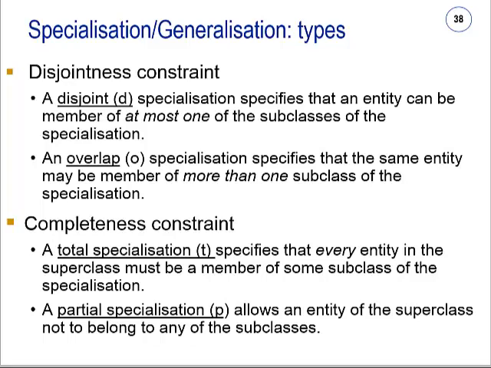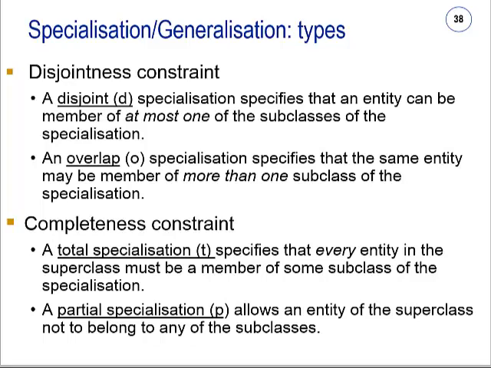If the specialization, on the other hand, would be partial, it would allow persons to exist which are neither a professor nor a student, which in other words do not belong to any of the subclasses.